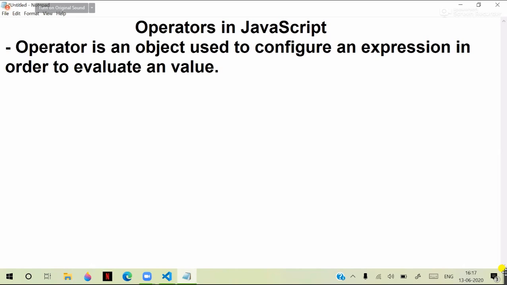Technically, operator means it is an object.